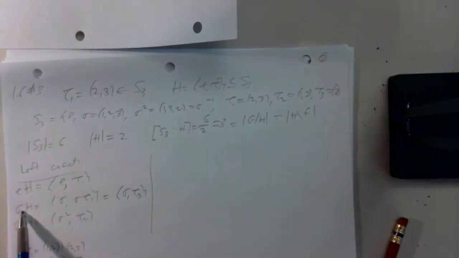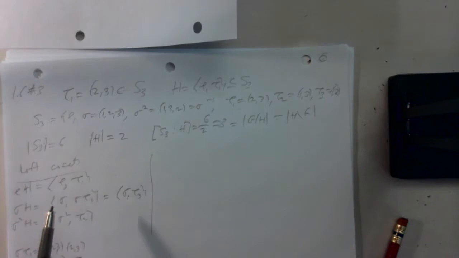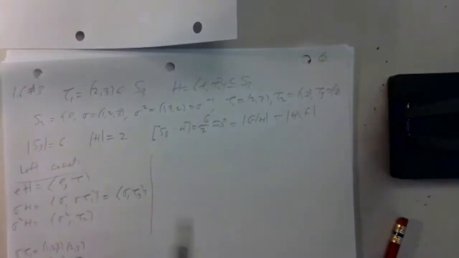I have 4 choices. It makes no difference which one I pick. I pick one, and I'll get another coset with 2 other elements. The 2 other elements that are missing have to be the ones in the third coset. I don't have to do anything more than that. So if you chose a different one, you would still get one of these 3. These are the cosets, no matter what you choose.